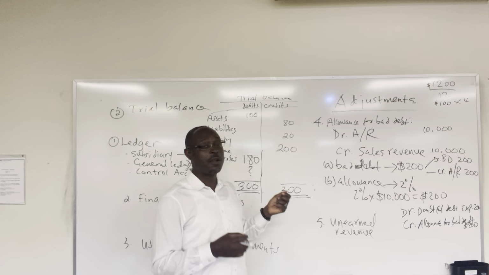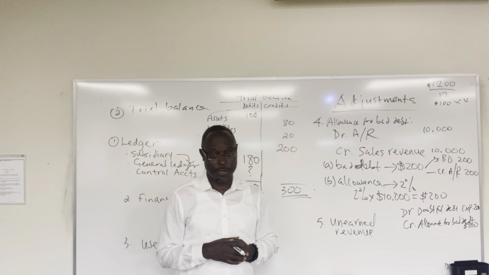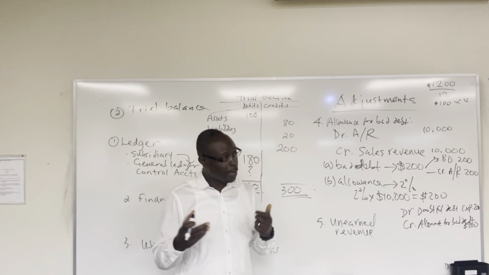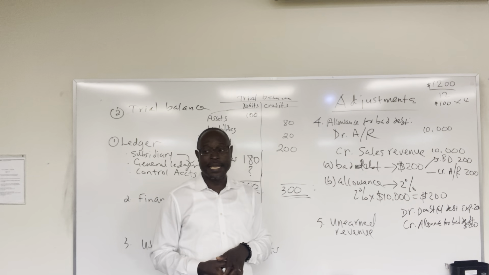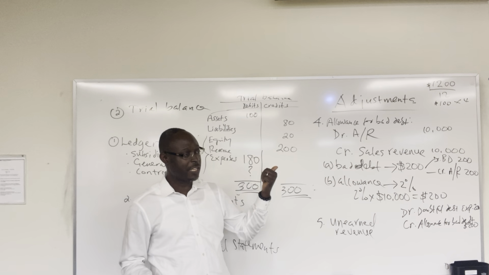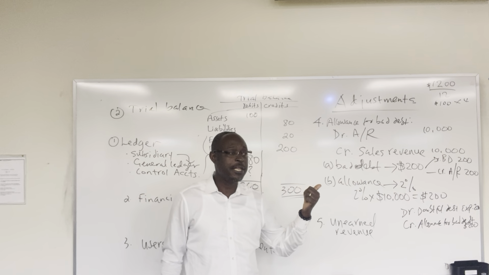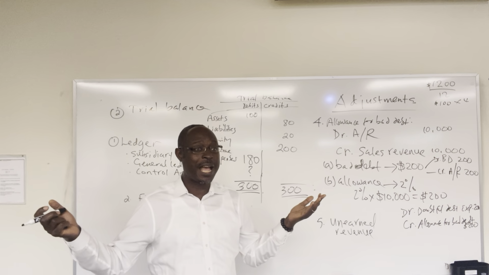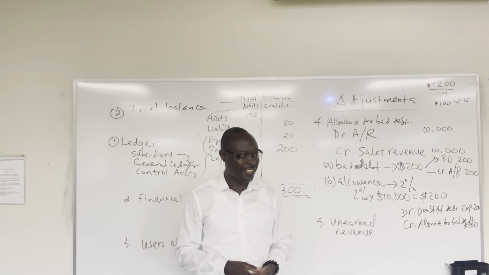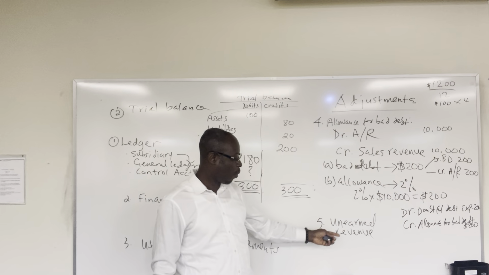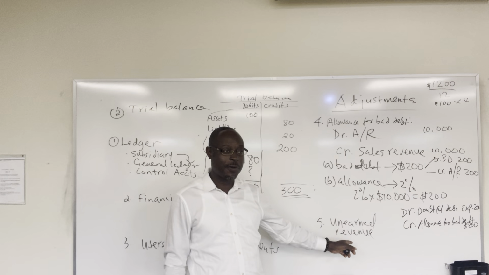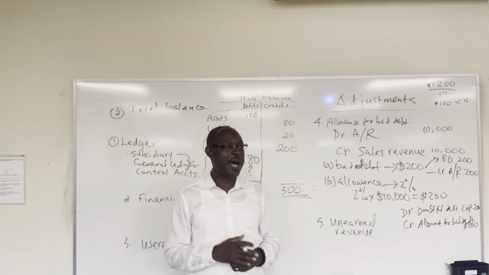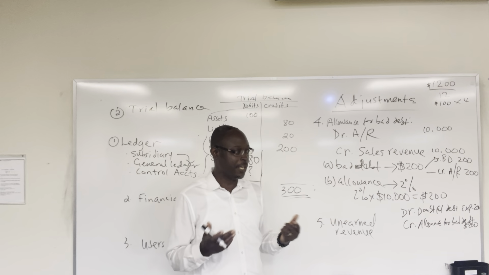They received $1,200 from you in January. They debit cash, and they need to credit what? They cannot credit sales revenue because they haven't performed their services yet, right? So they record it against unearned revenue, also called deferred revenue liability, because if you cancel the policy they will have to give back the money to you.